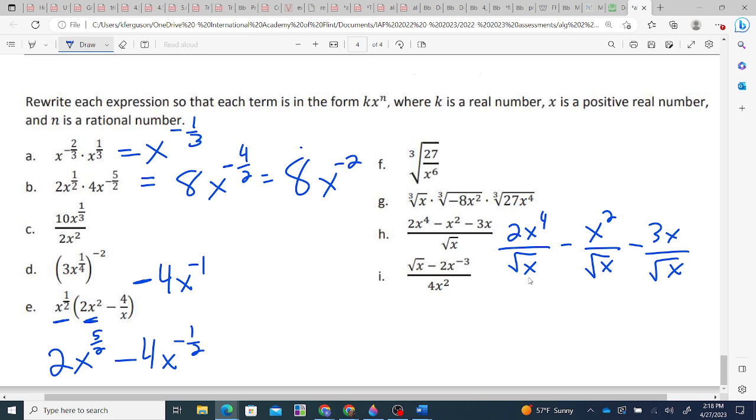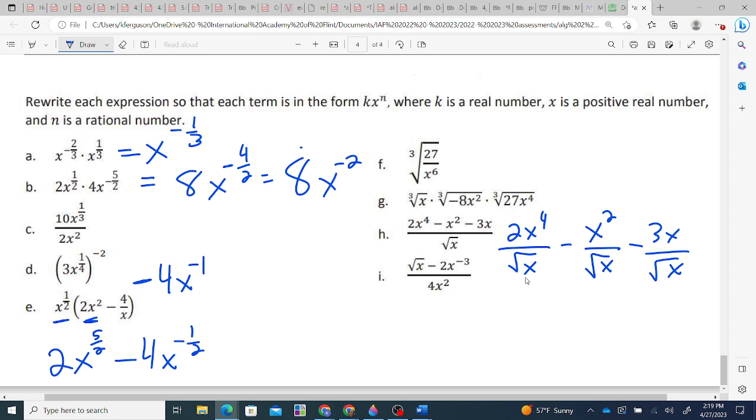Come on, somebody. What's the square root of x as a fractional exponent? You need to know it's not new. We know that fractional exponents can be converted to radicals, and radicals can be converted to fractional exponents. So, what is the square root? How can I write that as a fractional exponent?